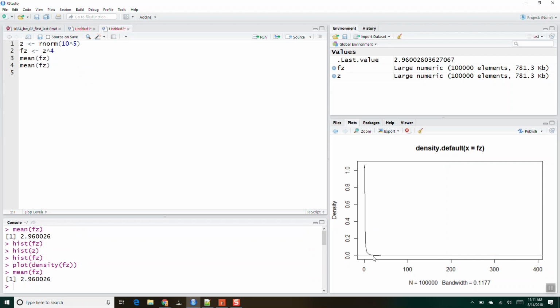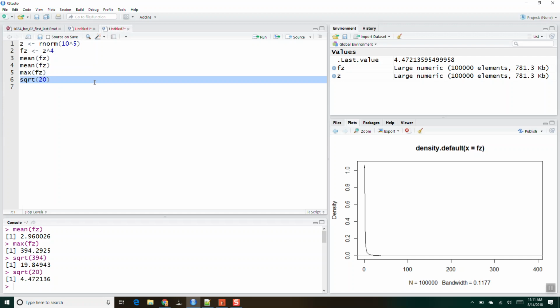Most of the values are very small, but then 394, right? What's the square root of 394? 19, and the square root of 20 is 4.472.